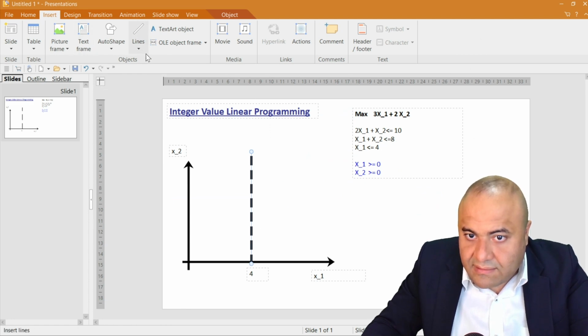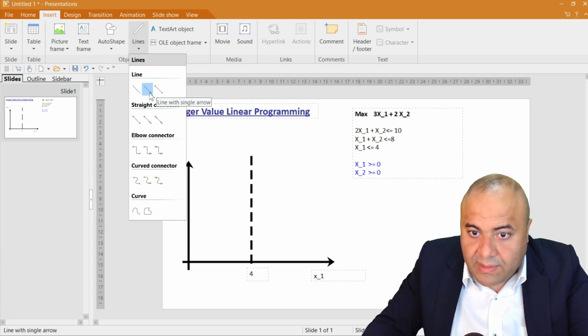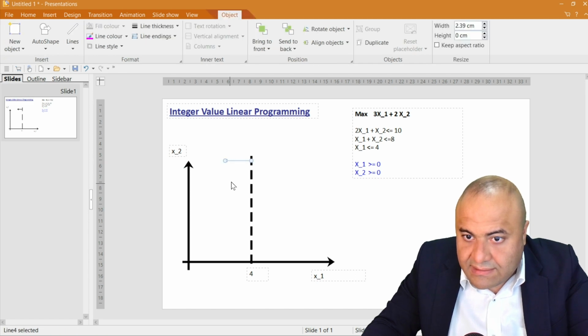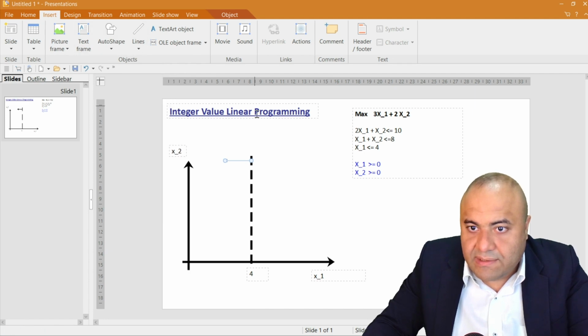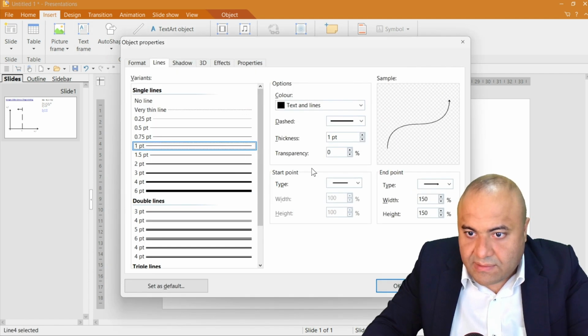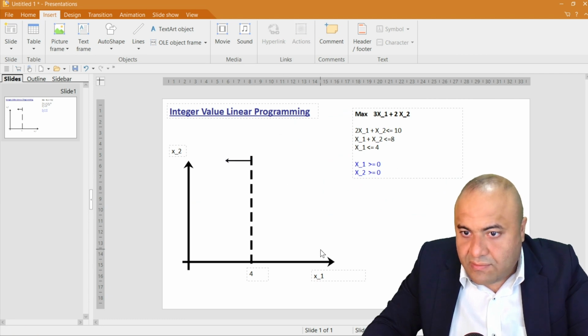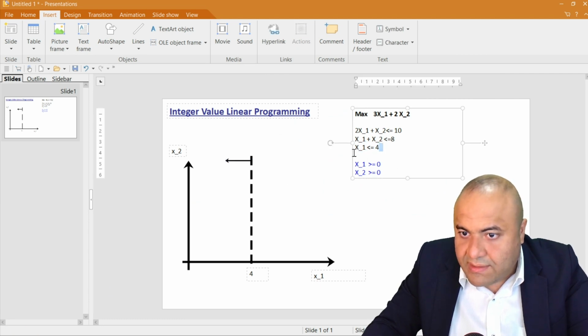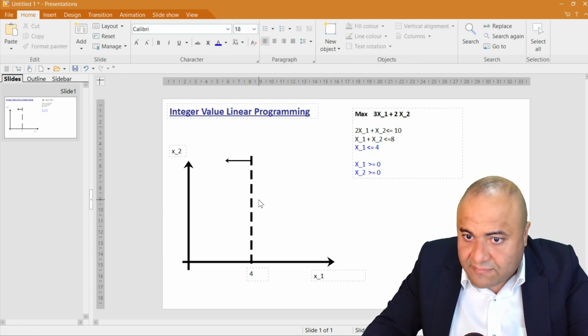So this line, and we can say that this is the location in which we are allowed to extend our solution. Also, a little bit bigger or thicker line will be a good idea. So this is now x1 is less than or equal to 4, has been satisfied.